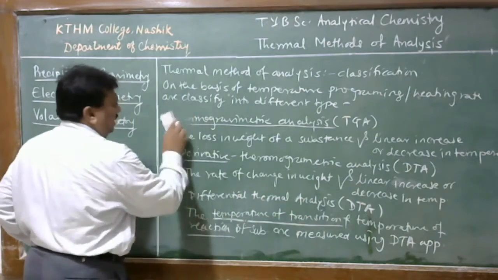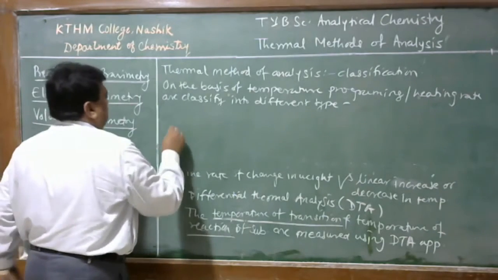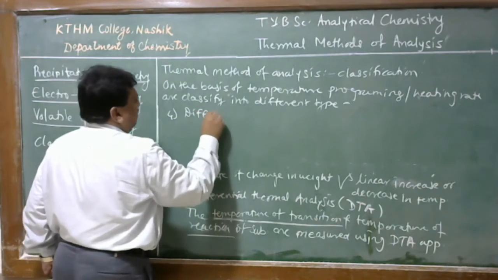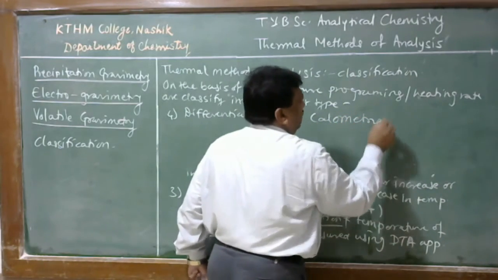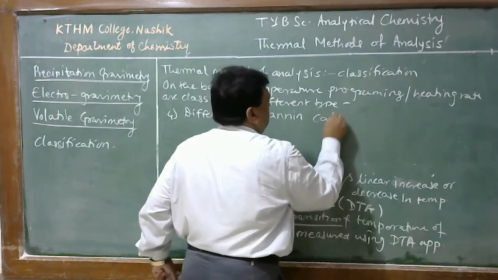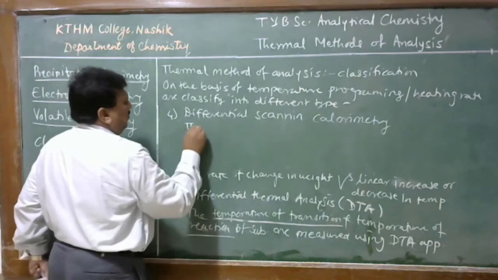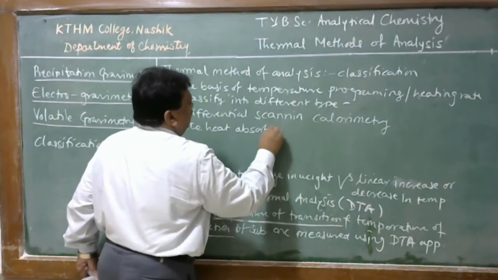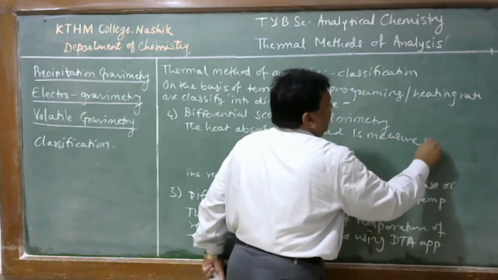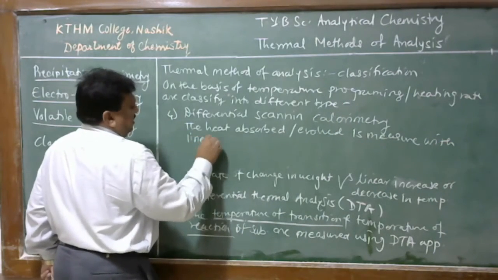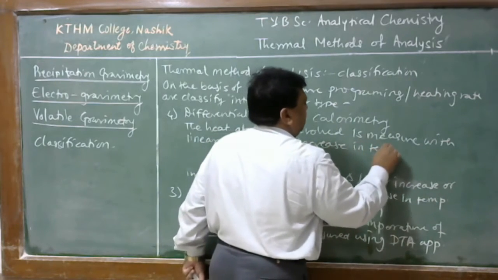That is differential thermal analysis. The next type, the fourth type, is called differential scanning calorimetry, in which the heat absorbed or evolved is measured with linear increase or decrease in temperature of a substance.